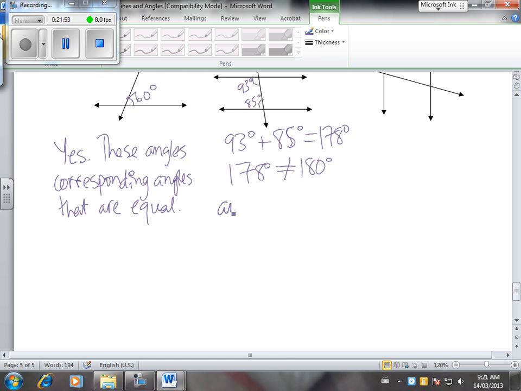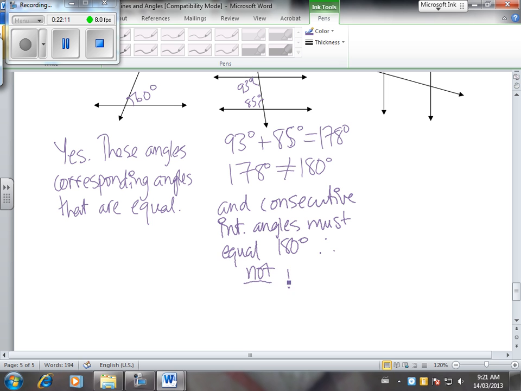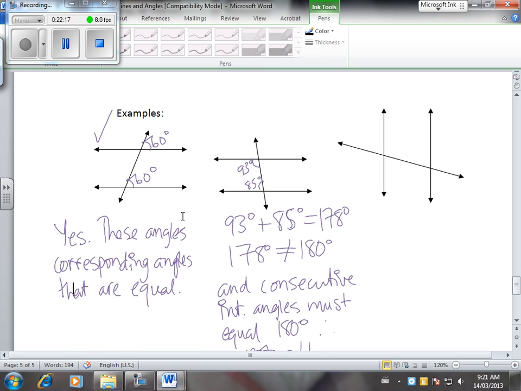And consecutive interior angles must equal 180 degrees. Therefore, not parallel. Okay, so this one is not parallel.